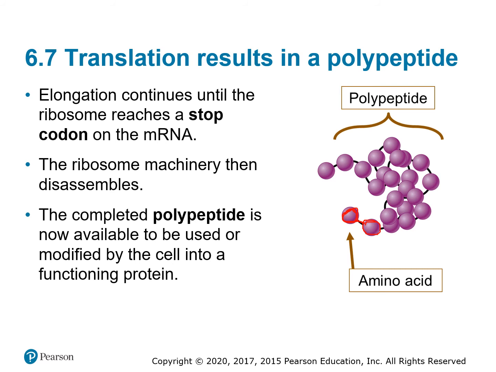When the ribosome reaches a stop codon, that is indicative that the polypeptide is done, and when it reaches the stop codon, the ribosome machinery will disassemble, and the completed polypeptide is now available to be used, or it can be modified, for example, in the rough ER, the Golgi, and it can be modified into a functioning protein. Now, with Mastering Biology, you do have nice videos that show the process of both transcription and translation.